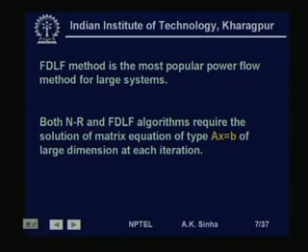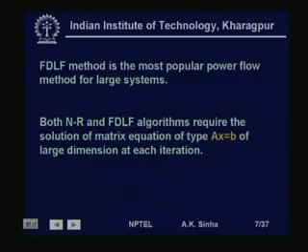So, we need to solve this kind of an equation A x is equal to b at each iteration, and for large size system the size of A matrix is going to be very large, and this has been the major problem in implementing these methods, that is Newton-Raphson and fast decoupled method for large power systems.